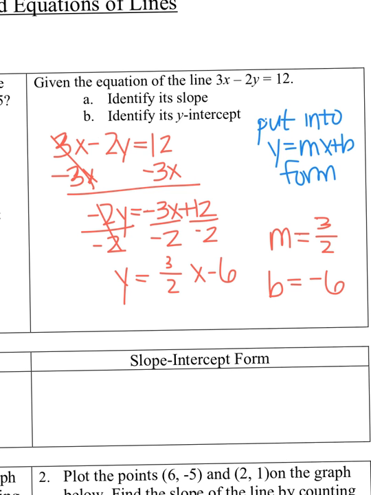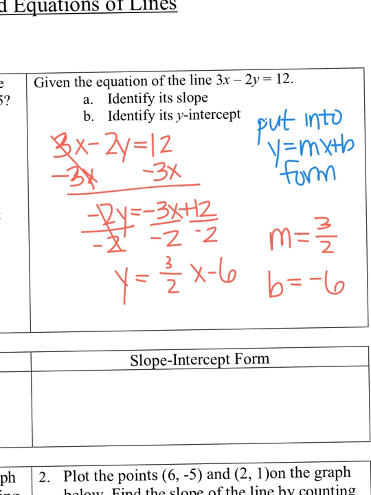Okay, looking at the second equation from the do now, we had to take an equation of a line and identify its slope and its y-intercept just from the line given. So what we really need to do is take this equation and put it into y equals mx plus b form. So we can move around some of the pieces of the equation. I subtracted 3x from both sides and then divided everything on both sides by -2.